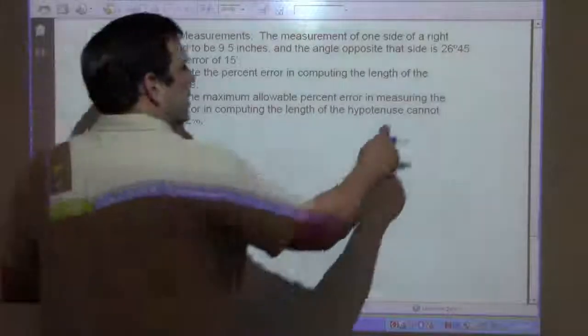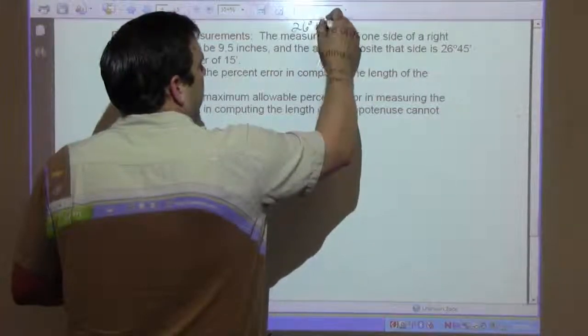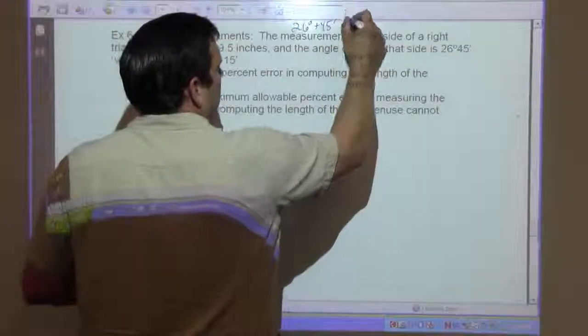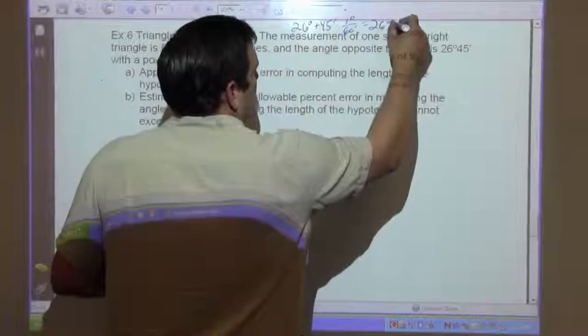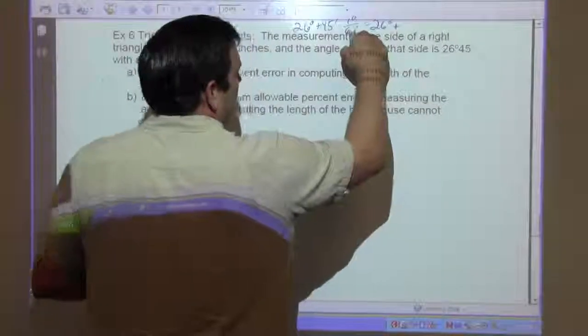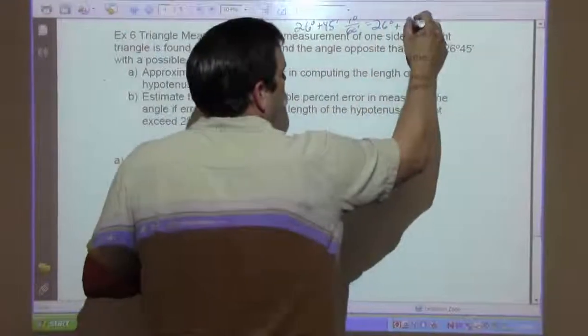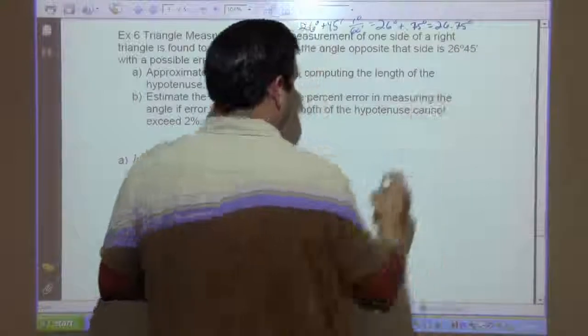So first of all, we have 26 degrees 45 minutes. That's 26 degrees plus 45 minutes times 1 degree over 60 minutes. That's 26 degrees plus 45 over 60. That's going to be 3/4, so plus 0.75 degrees, so it's 26.75 degrees.